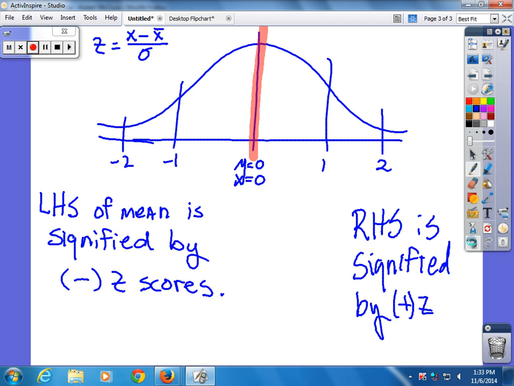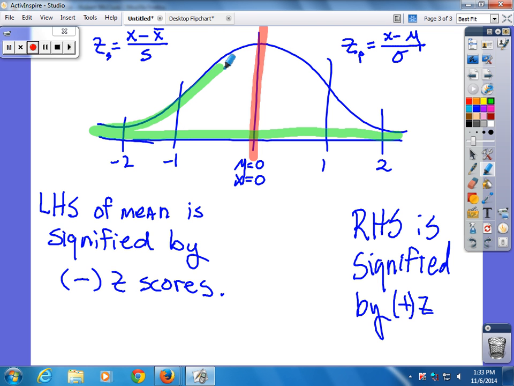Standard deviation. Or z for the population is equal to x minus mu over sigma. It's the same formula. Okay? Now the area under this curve is equal to 1.